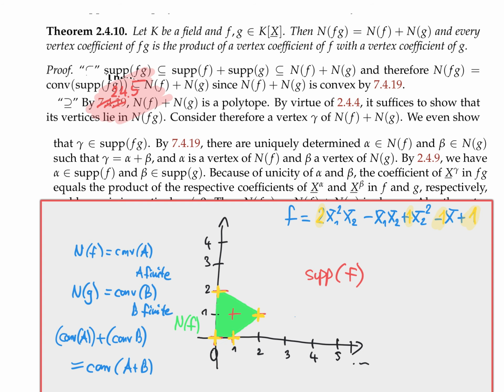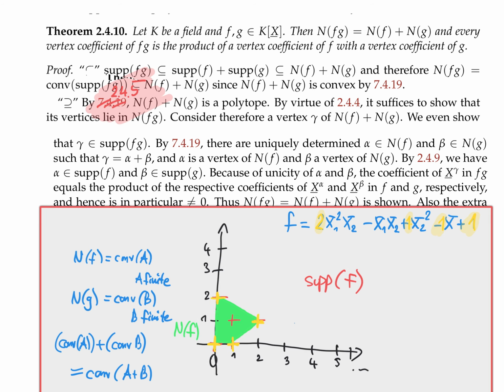So if I multiply two polynomials and I take an extreme point of a Newton polytope of fg, the corresponding monomial arises in just one way by multiplying a monomial of f and a monomial of g. Right? And therefore the corresponding coefficient is just a product of non-zero elements of a field K. And there is no sum involved, so there cannot be any cancellation.